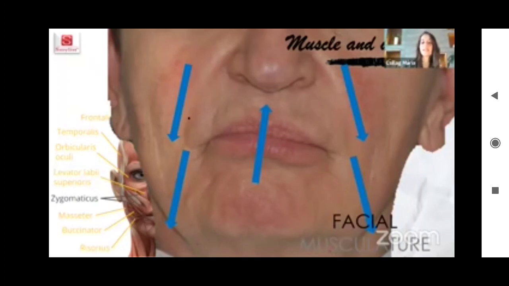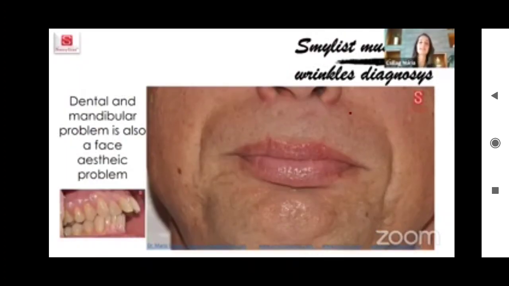And you see here around the lip, vertical lines as well, or star-shaped lines on the lower area, the mentalis line, and deep nasolabial wrinkles. So not only muscle changes, but wrinkle changes as well. These are really good signs, because every single dental and mandibular problem has symptoms on the face.